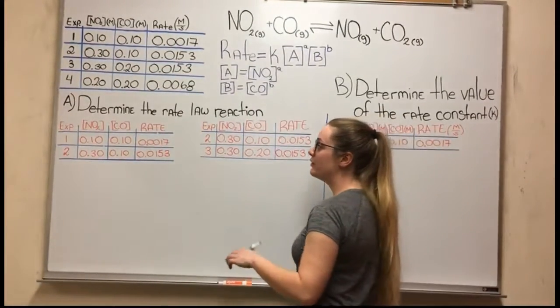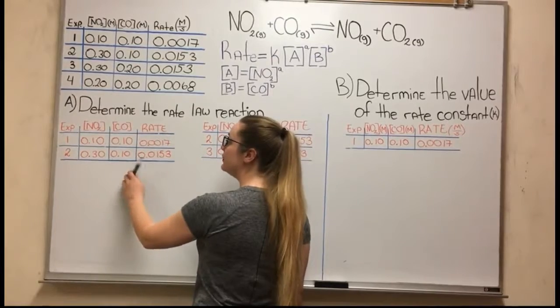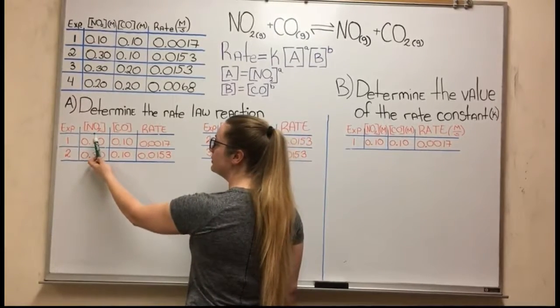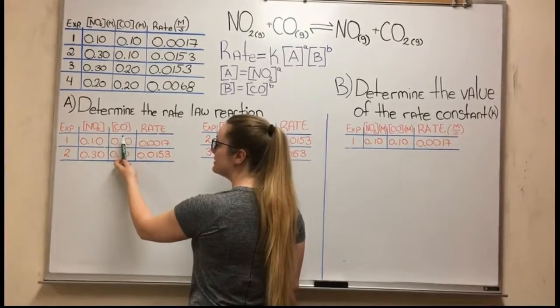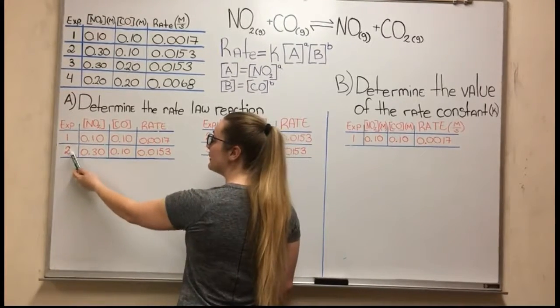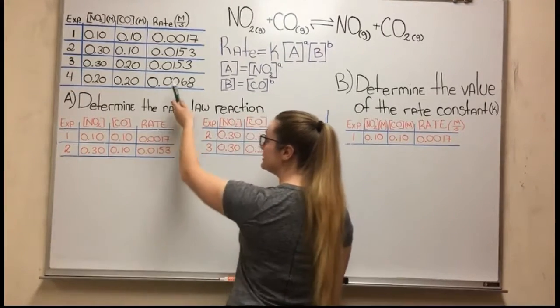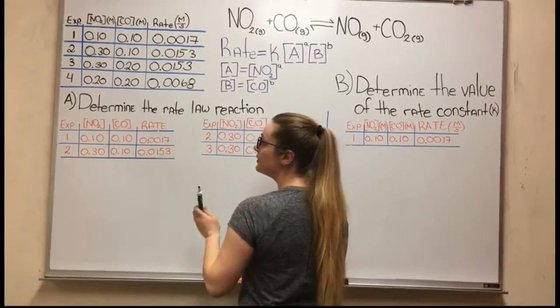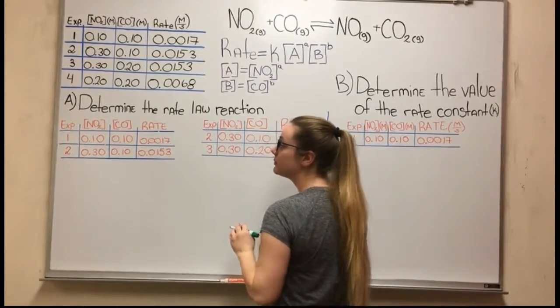So to determine the rate law of NO2, you're going to look for experiments where NO2 changes and CO stays constant. I chose experiments 1 and 2. You could also choose experiments 3 and 4, but the numbers are a little harder to work with.